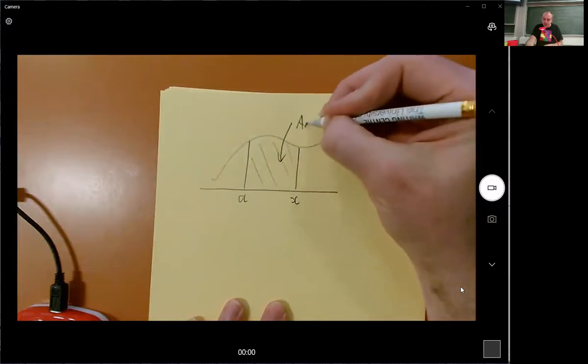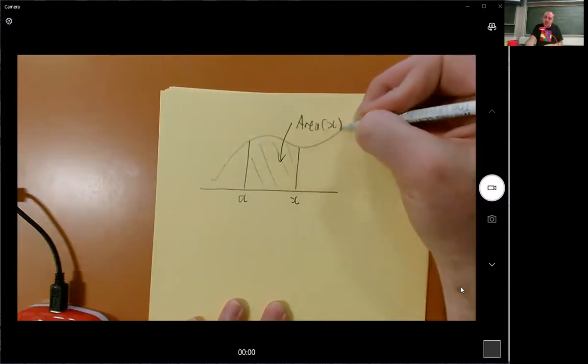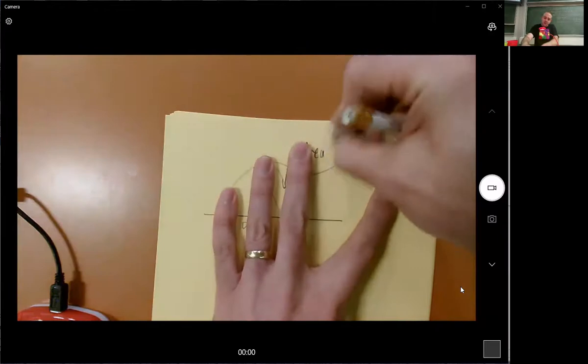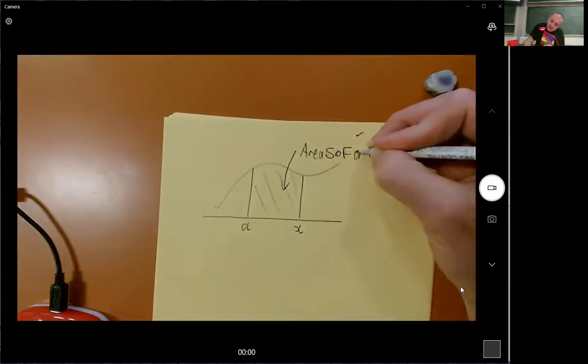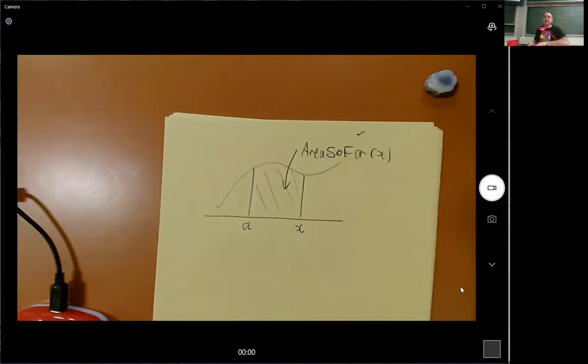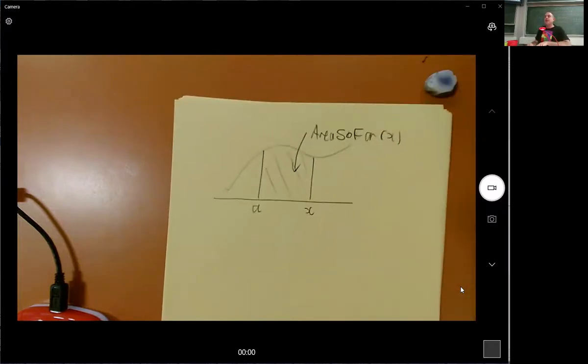So I'm going to call it the area so far at position X. That's a function of X. Different X's will give you a different area so far.